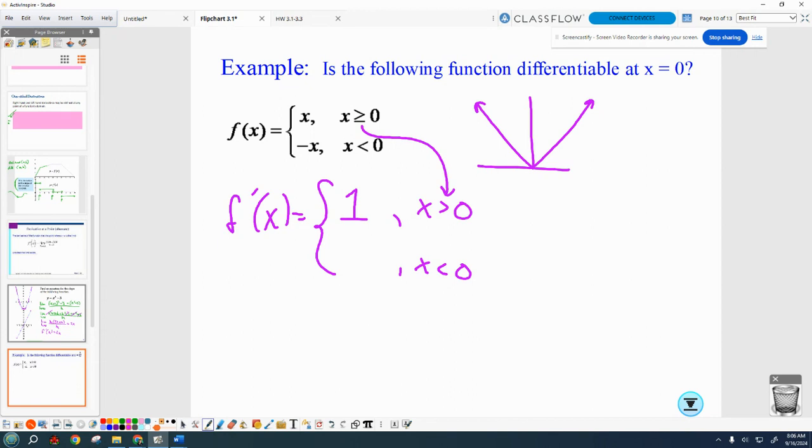Negative 1. Okay, and then right at this corner, do I have a slope? No. So I'm going to leave these open. Cannot do a slope at a corner.